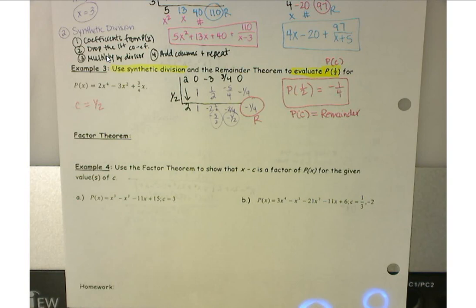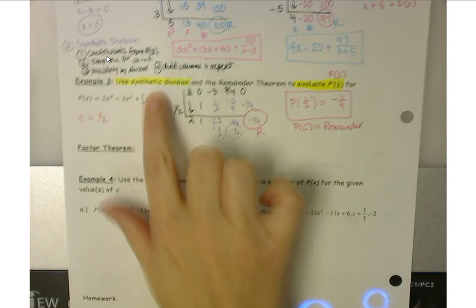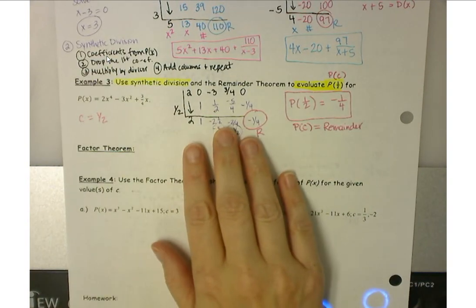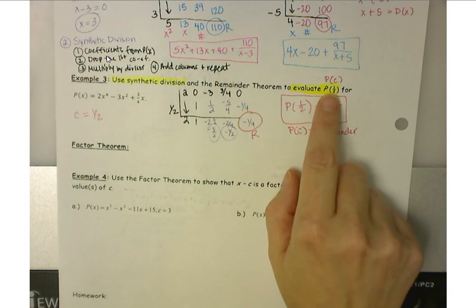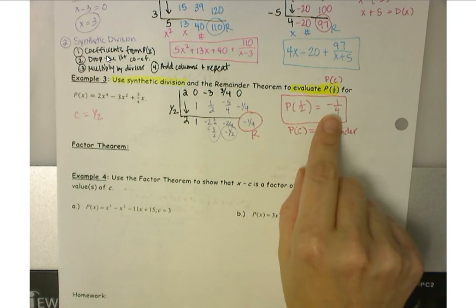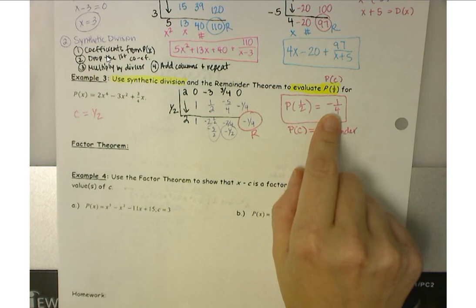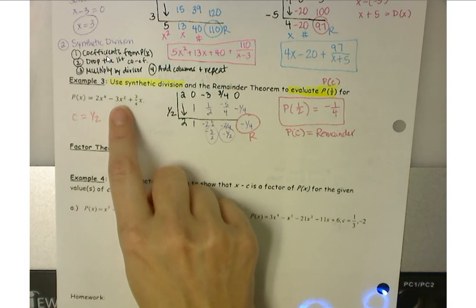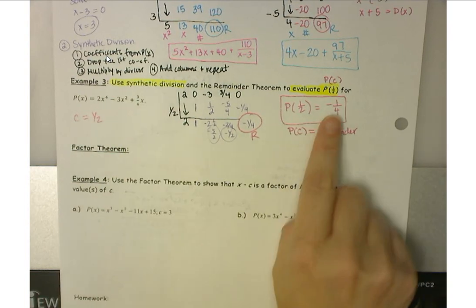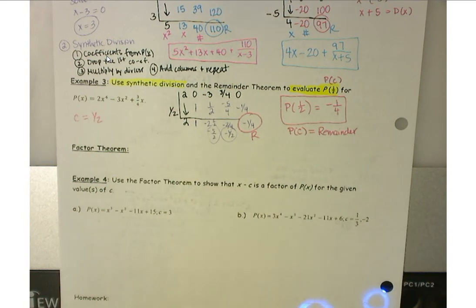Okay, now it says use synthetic division. That's why we were going over it that way. How else could I verify that p of 1/2 is equal to -1/4? You could just plug it in, right? You plugged in 1/2 here, 1/2 here, 1/2 here, you should get the same thing.